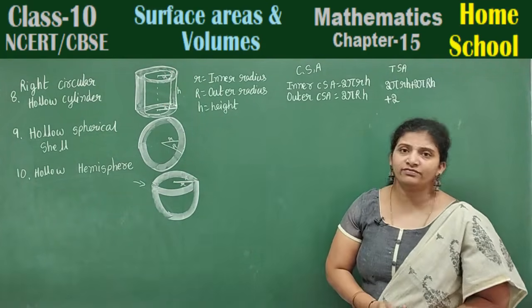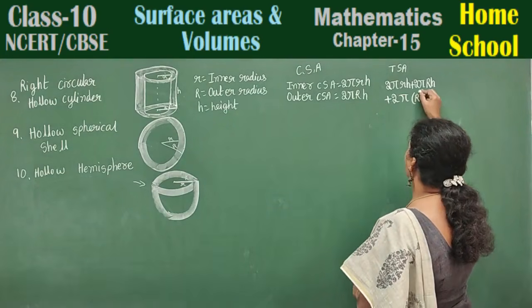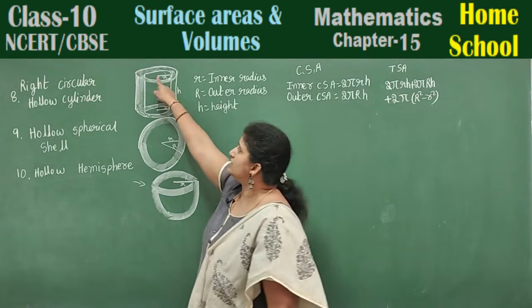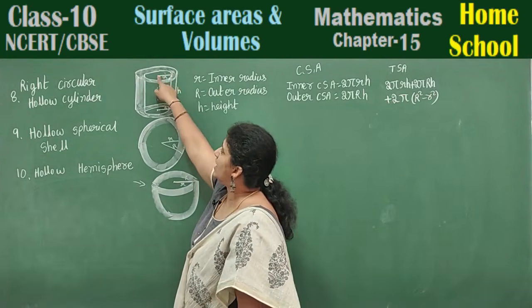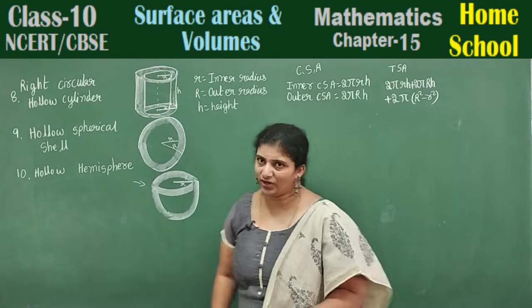What is the formula for a ring? Pi, capital R square minus small r square. See here, this capital R square minus small r square gives the area of the ring.